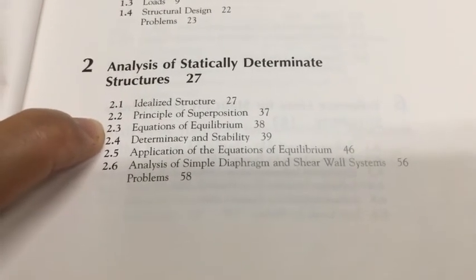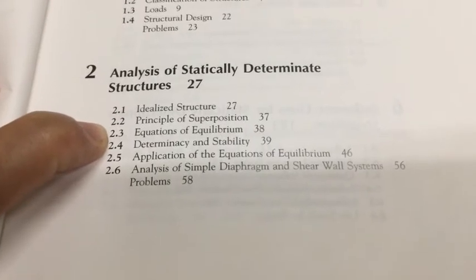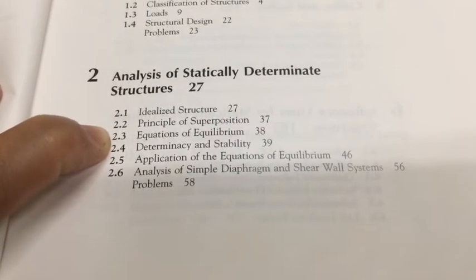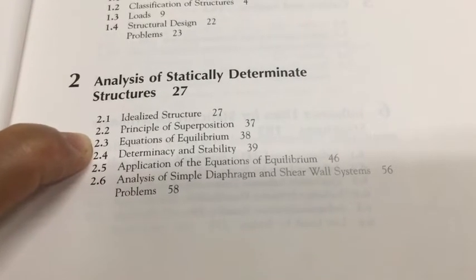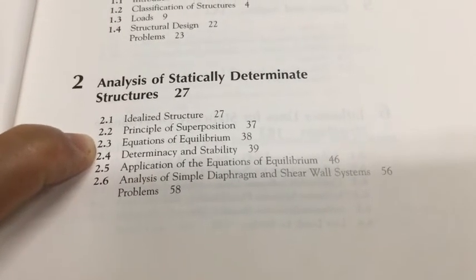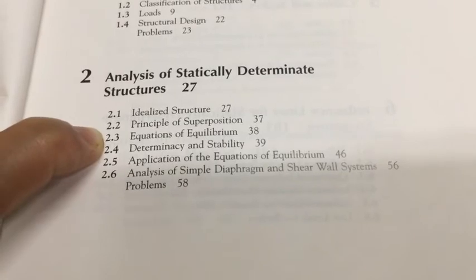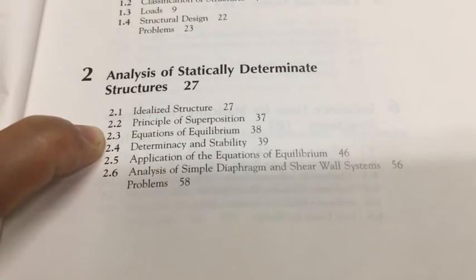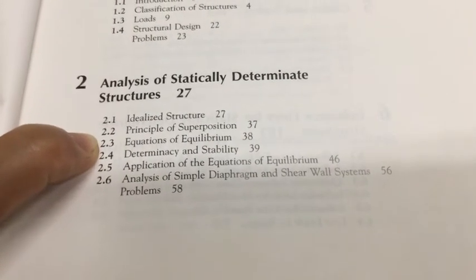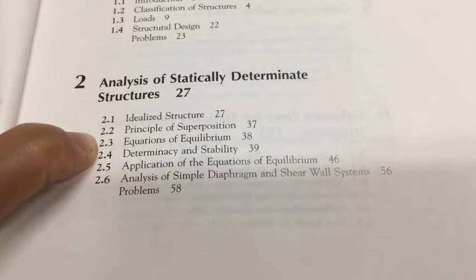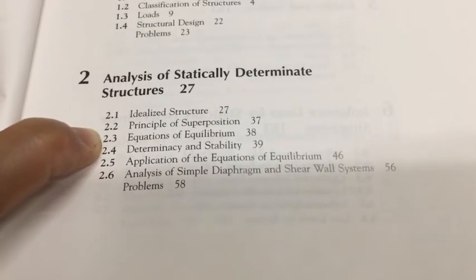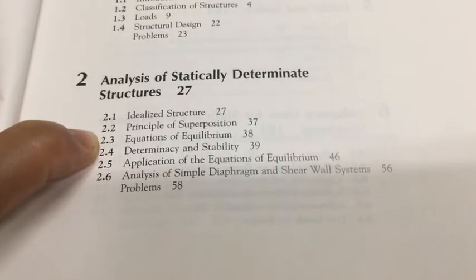On item 2.3, we are talking about the equation of equilibrium. You may recall again, for the analysis of the beam, the frame, the truss, we need to prevent the structure from moving horizontally. That means the summation of force in the x direction is 0.